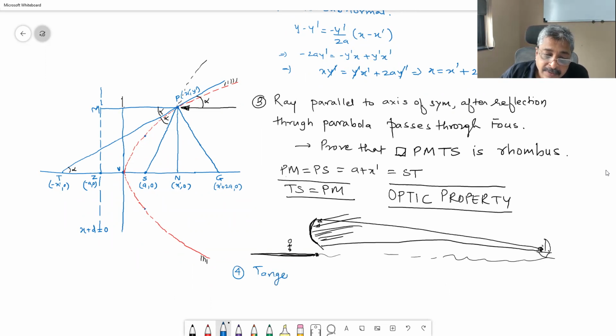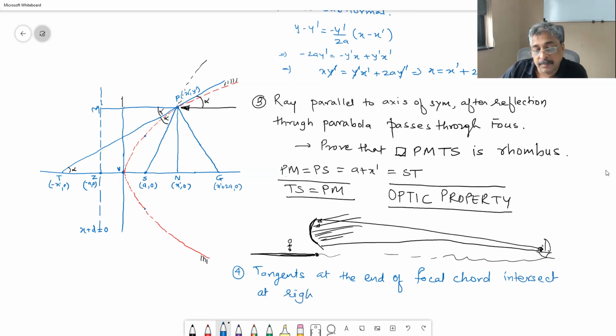Tangents at the end of a focal chord intersect at right angles on the directrix. Okay.